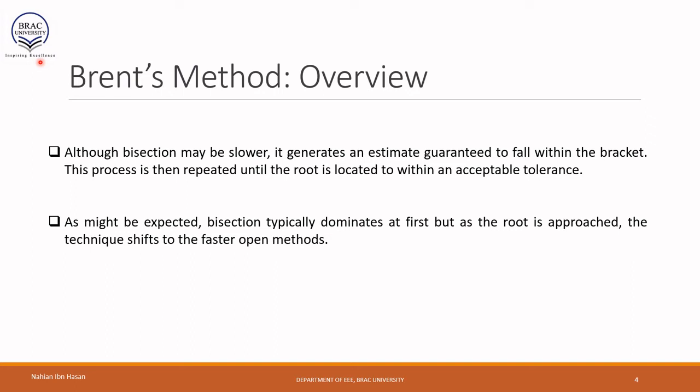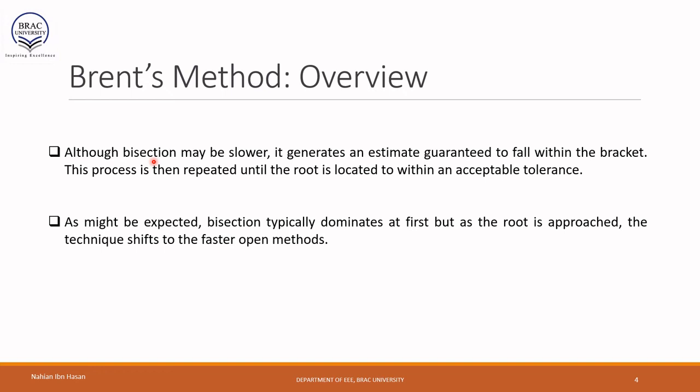One common approach that people use is that they initially use the bracketing method because it ensures the root. As a result, whenever during the calculation you get closer to the root, you convert back to the open methods, because in the vicinity of the root the reduction of the error in the bracketing method is very slow.